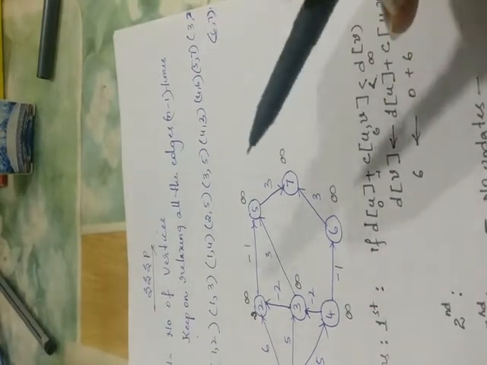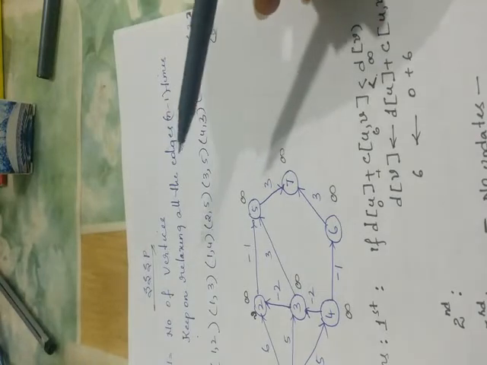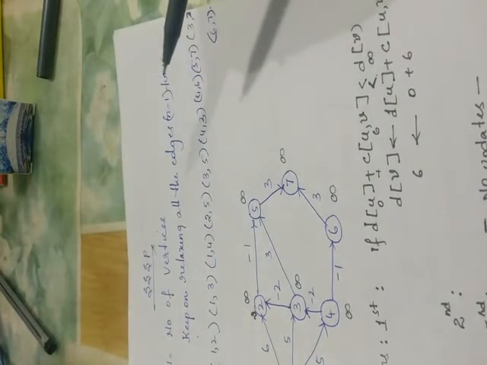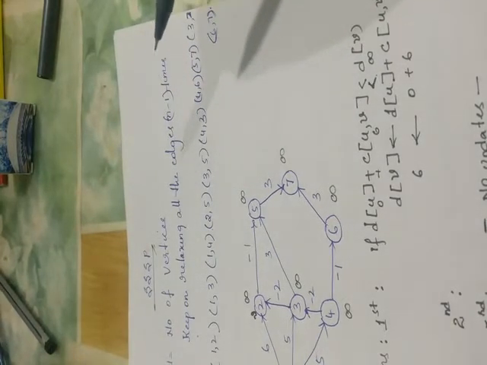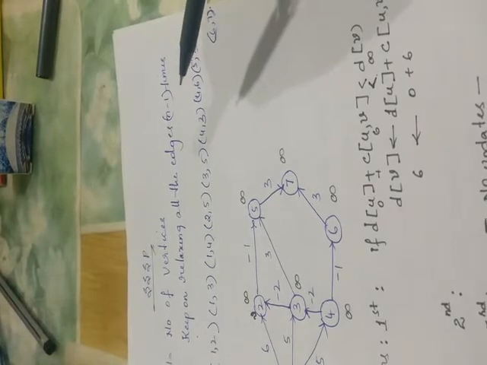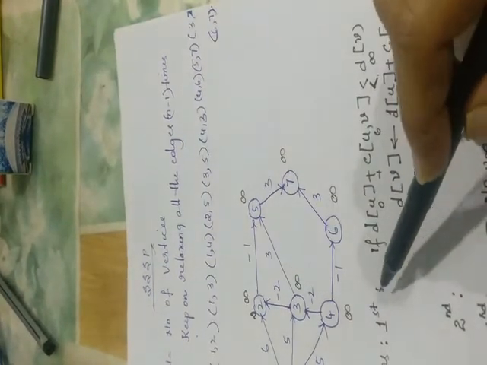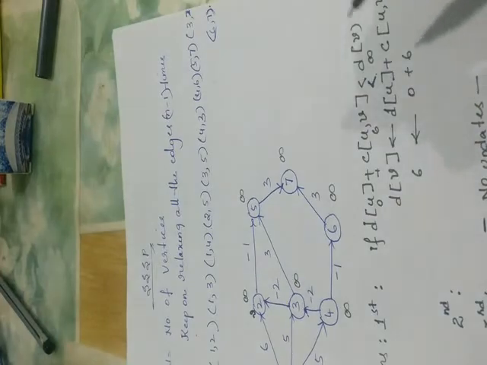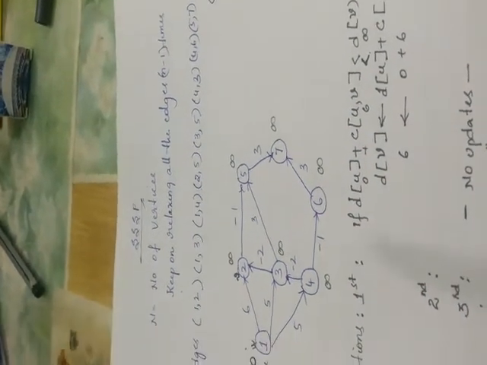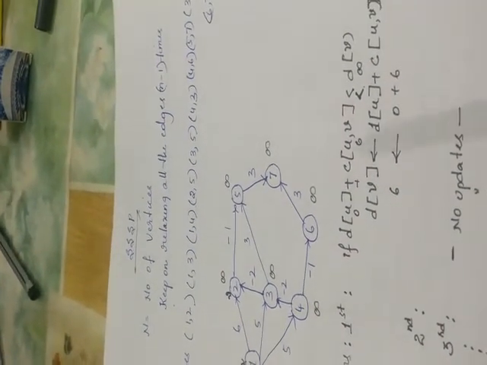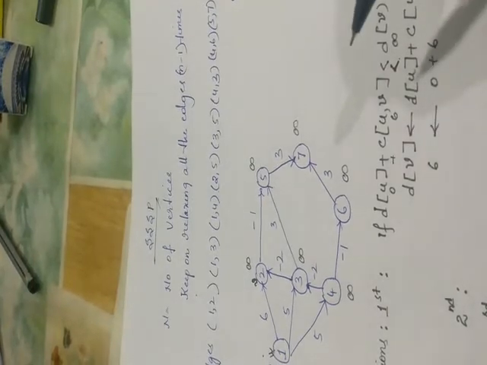Now we have to keep on relaxing how many times? n minus 1 times. That means n minus 1 iterations. So let me start with the first iteration. Here I'll write down the formula and keep it for you. Now let me start.